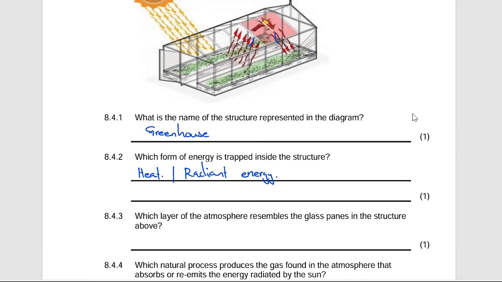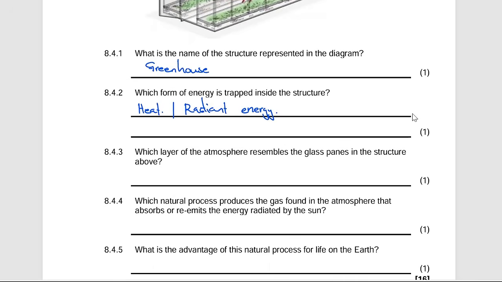So radiant, that is D there. Okay, so 8.4.3 says which layer of the atmosphere resembles the glass panes in the structure above, right? So the sphere that we're having here is referred to as the troposphere.